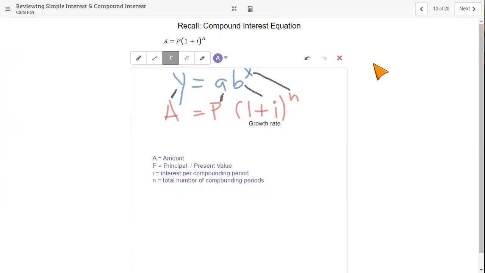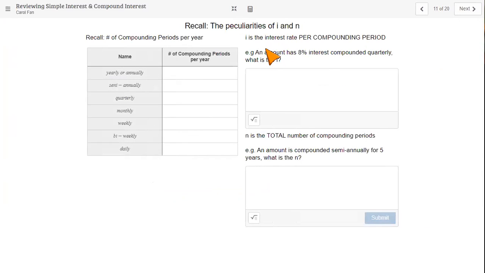So I'll give you an example. When we have something like this, an amount has 8% interest compounded quarterly. When I say that, it means that for the entire year, your interest will add up to 8%. But you're not getting 8% every quarter. It's just that you're going to get 2% each quarter, and that adds up to 8%.